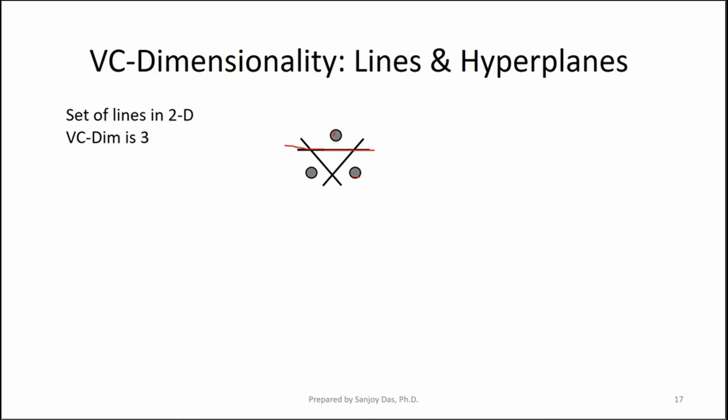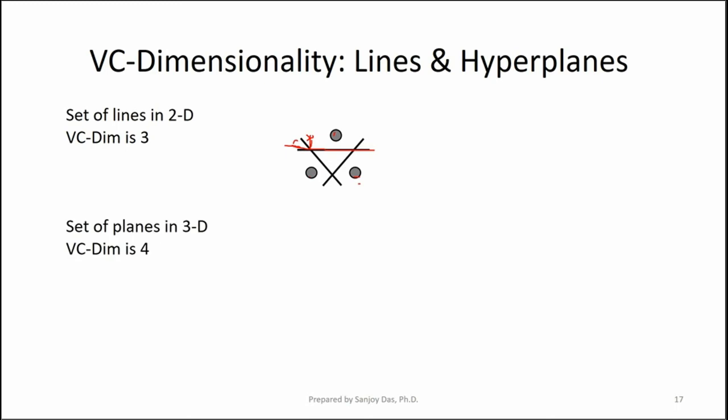Now we are assuming that this straight line is flexible enough to place the red points on its left or on its right. It doesn't matter, one side or the other. So all labelings of these 3 points can be shattered by a straight line, and so the VC dimension of the set of lines in 2 dimensions is 3.